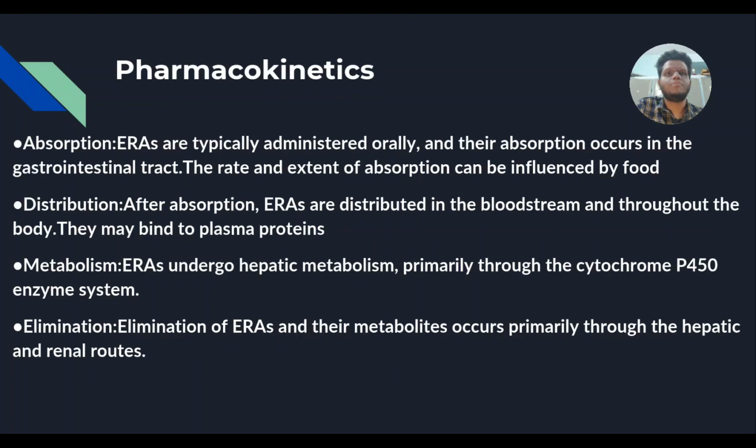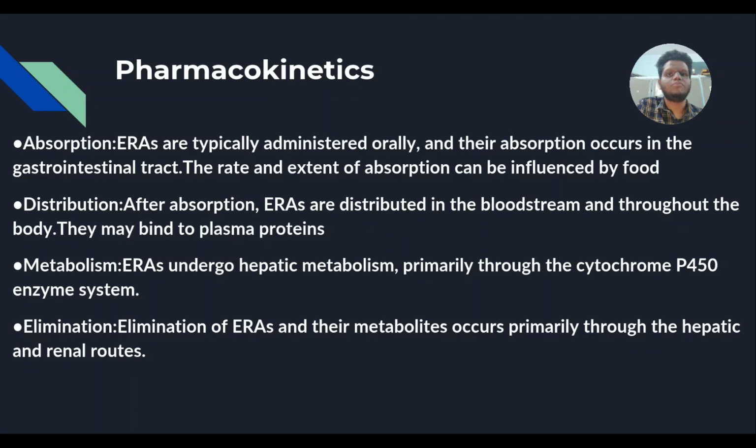Now we are going to study the pharmacokinetics of endothelin receptor antagonists. First is absorption. Endothelin receptor antagonists are typically administered orally and their absorption occurs in the GI tract. The rate and extent is mainly influenced by food. Next is distribution. After absorption, endothelin receptor antagonists are distributed in the bloodstream and throughout the body.